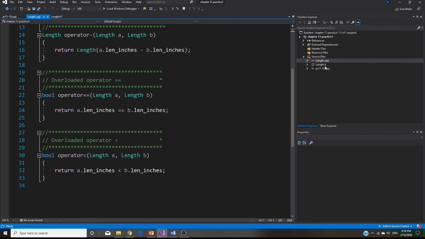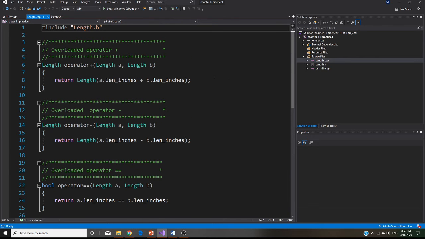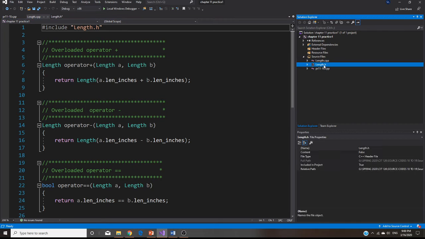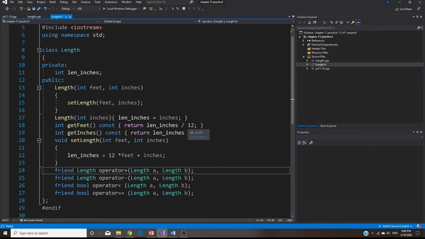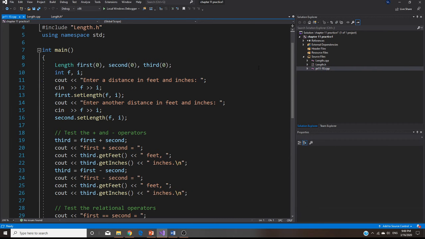So one more time, I compare these two, and then right here I can get feet and get inches. Once I do it, I get inches, and then I'm going to convert. So let's take a look at the program right here. I have three length measurements: first, second, and third, and I'm looking for the feet and inches.